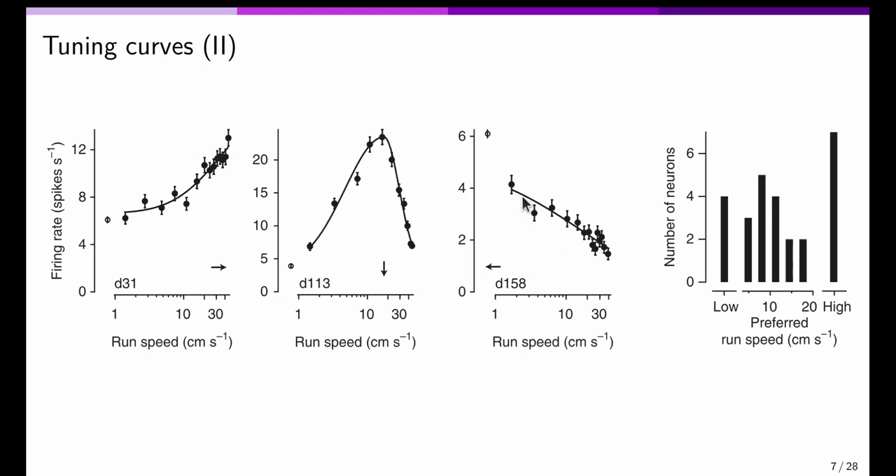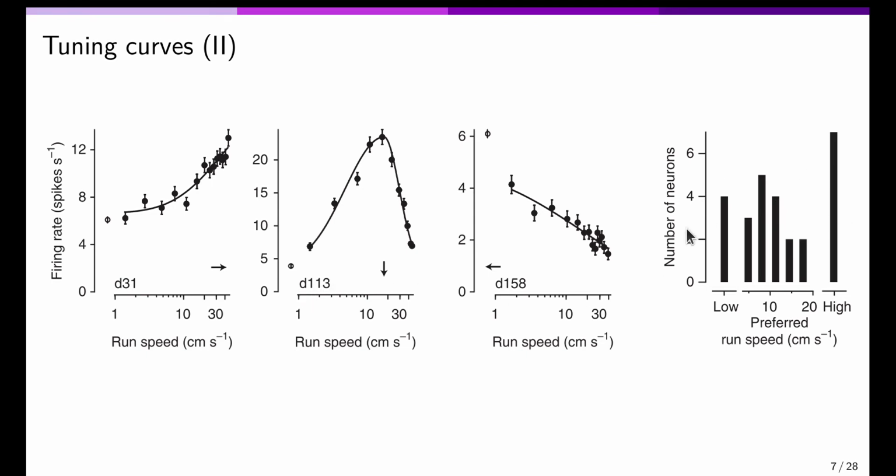And this one here, as you run faster, fires less. Also a pretty common thing to find. And here's another neuron that fires most at this particular speed, and fires less on either side of that speed. These are typical sorts of curves that people measure when they look at the real brain.